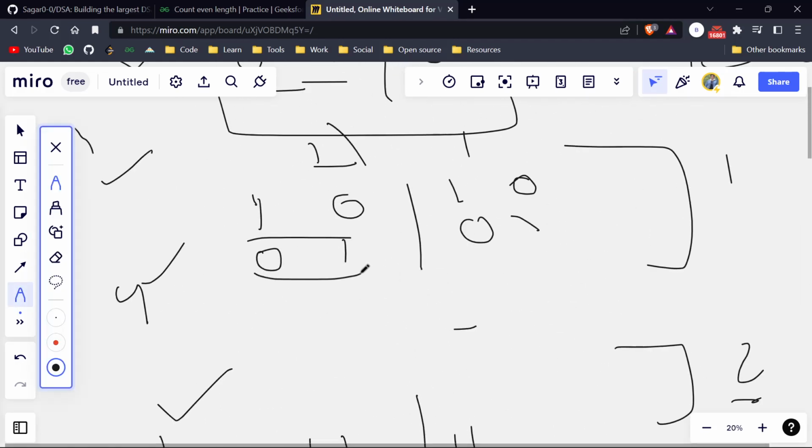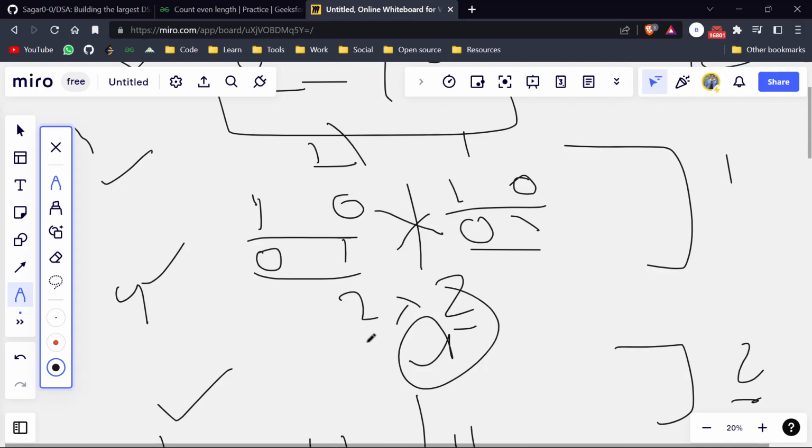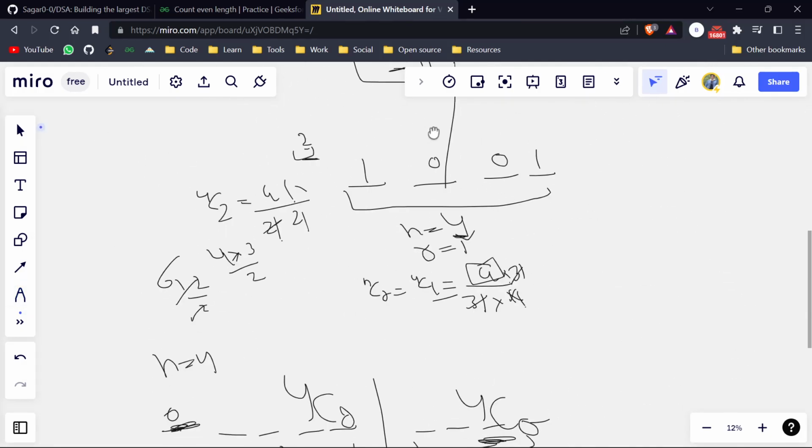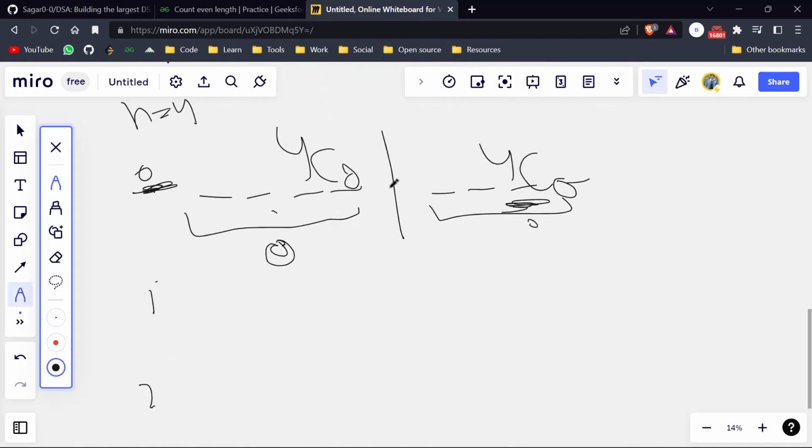So there is a total of 1 possibility to place our ones here, and there is also 1 possibility to place our ones here. So we can just multiply them with each other. So 1 into 1, that will be 1, which was our answer. So we have to multiply both the possibilities. So we will just find this 4C0 and multiply it with this 4C0.